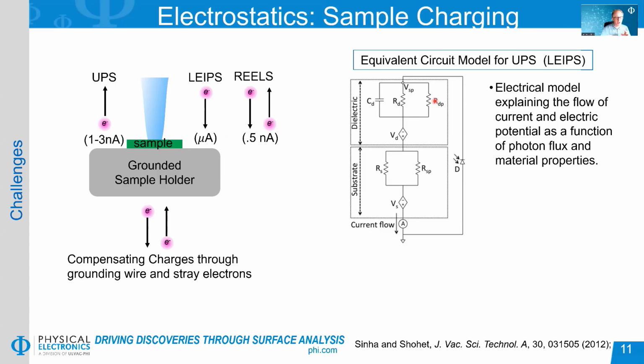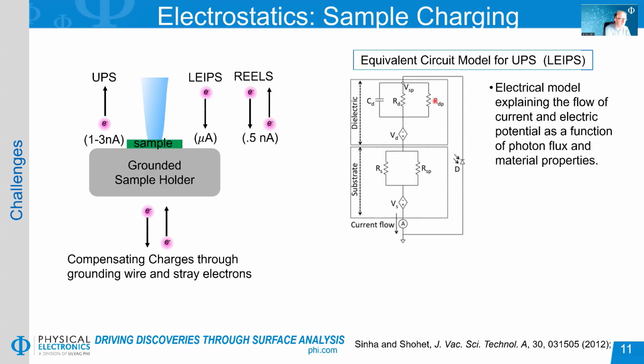And these things, importantly, are not necessarily the resistance of the material when you put a multimeter across them. These are the effective resistances of the sample under the experimental conditions, which can be quite different. In UPS, you have these UV photons, so you can get some photoconduction. In LEIPS, you also have photons being emitted from your sample, which can increase conductivity.